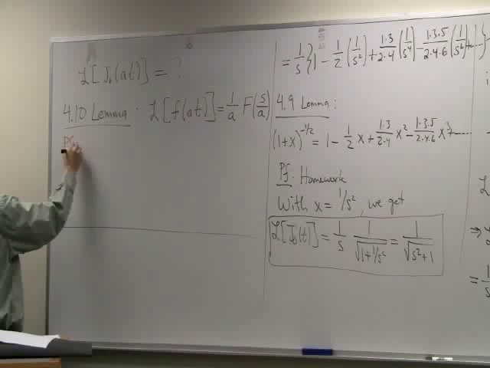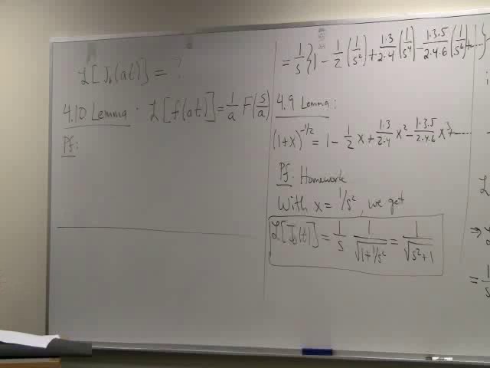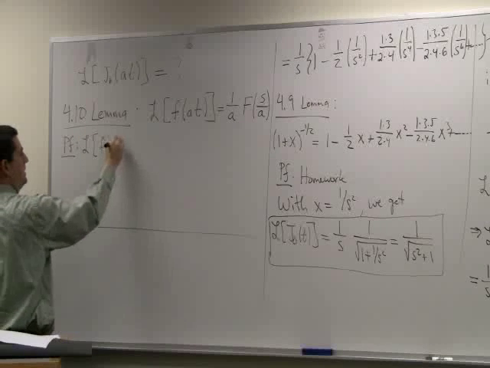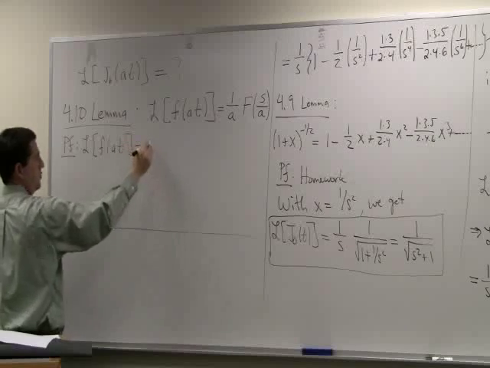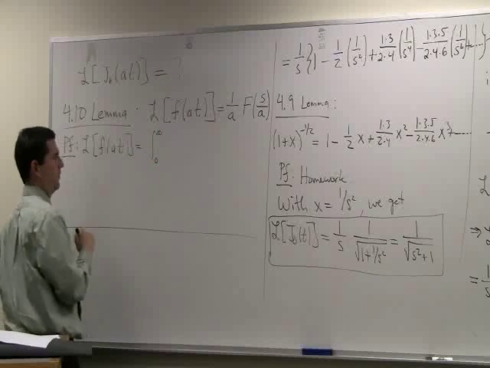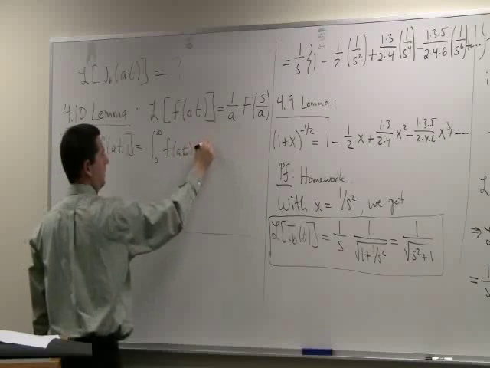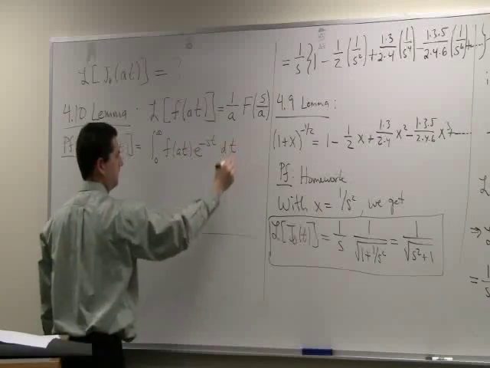Okay, so let's try to prove this. And the proof is just applying the definition of the Laplace transform. So L of f of a t, by definition, is the integral from 0 to infinity of f of a t e to the minus st dt.